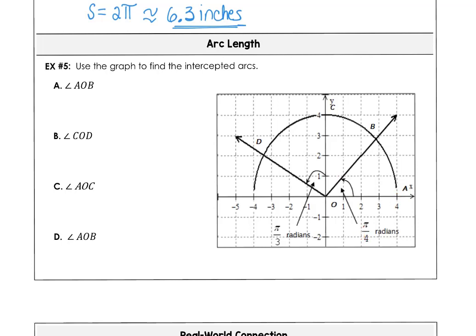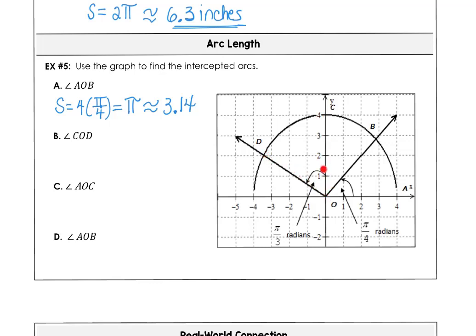So to find the length of that arc, S is 4 units times pi over 4. So our exact answer is pi units, and if we use the calculator, that's about 3.14 units.